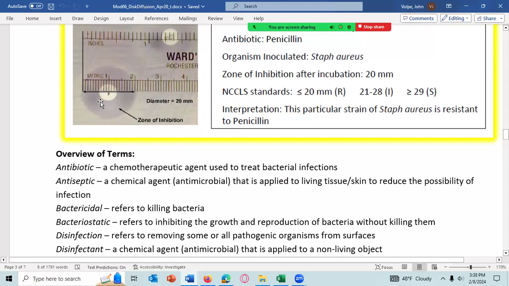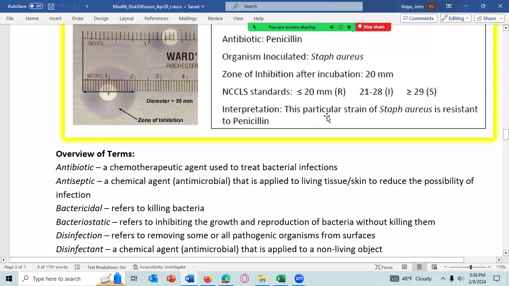On the other hand, if the zone of inhibition were between 21 to 28 millimeters in diameter, it is intermediate to this antibiotic. And if the size of the zone of inhibition were equal to 29 millimeters or greater, then we say this bacteria, Staphylococcus aureus, is sensitive to this antibiotic.